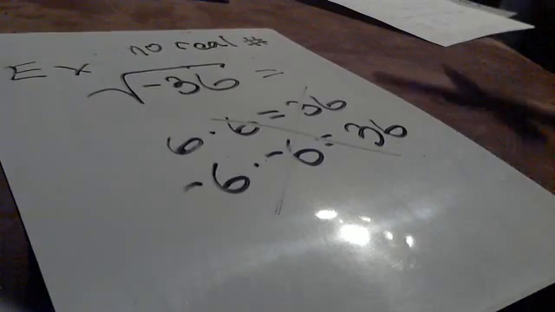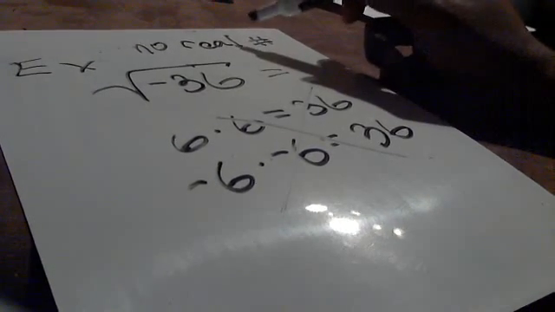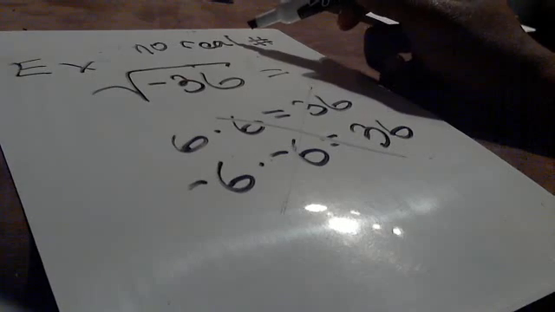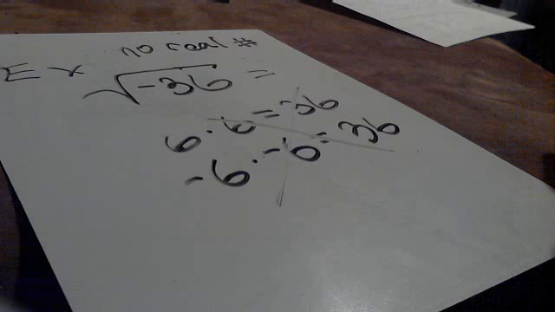There is no real number that satisfies this criteria for square root. And in general, if you're finding the square root of a negative number, it will always be the case that there is no real number that follows this criteria, point blank. Okay?